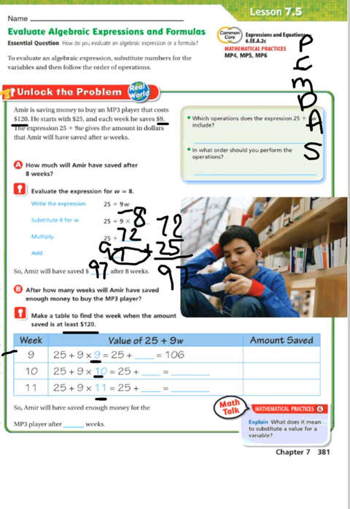We do multiplication first: 9 times 9 is 81. Once you do 9 times 9, this part goes away, you replace it with 81 and rewrite it. 25 plus 81 is 106. So on week number 9, he saved $106.